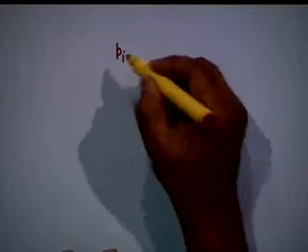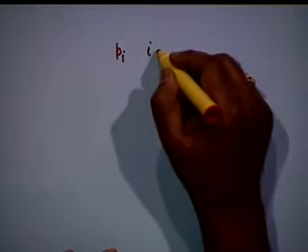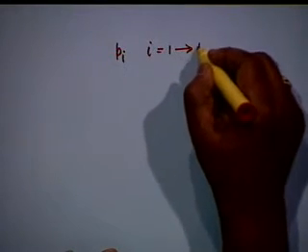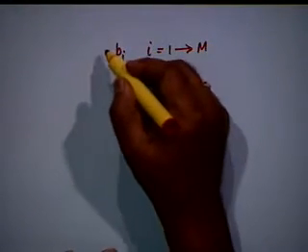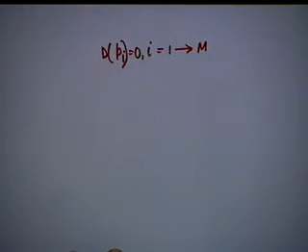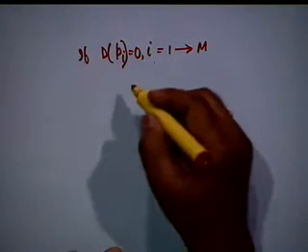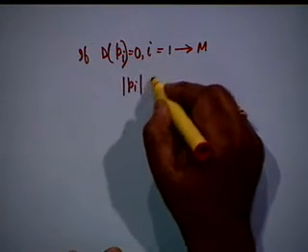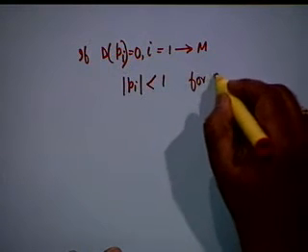Now, if the roots of D_m(z) are, let us say, p_i, i equal to 1 to m, that is, if D(p_i) is equal to 0, then the p_i are the roots of D_m(z). Then for stability we require magnitude p_i less than 1.